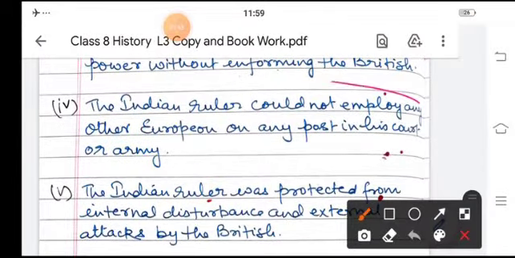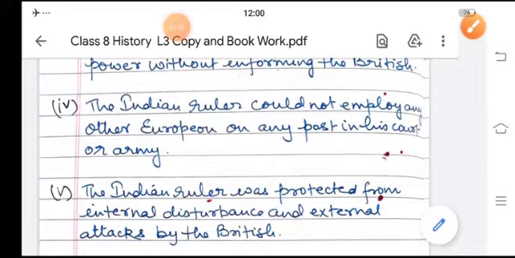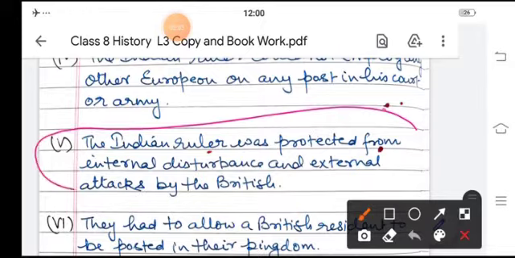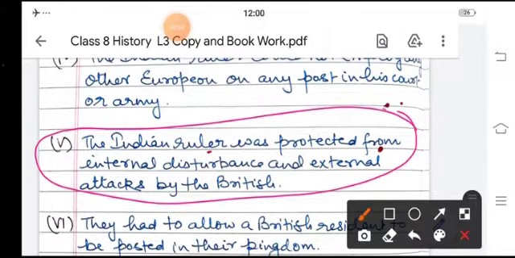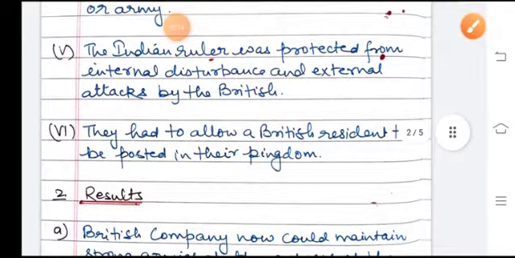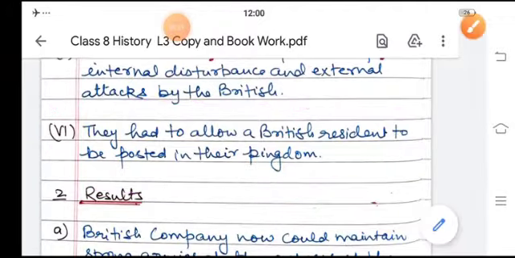Fourth, the Indian rulers could not employ any other European on any post in their court or army. They were not allowed to employ any other European person in their court. The Indian rulers were protected from internal disturbance and external attacks by the British. They had to allow a British resident to be posted in their kingdom.